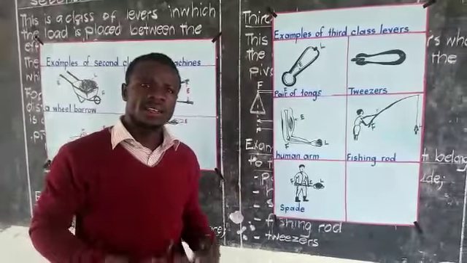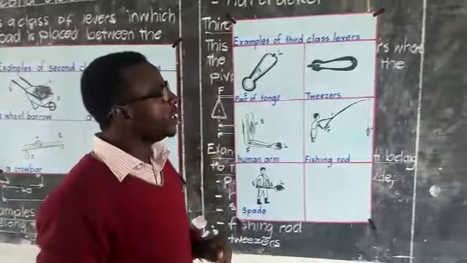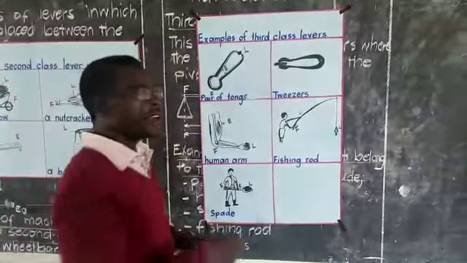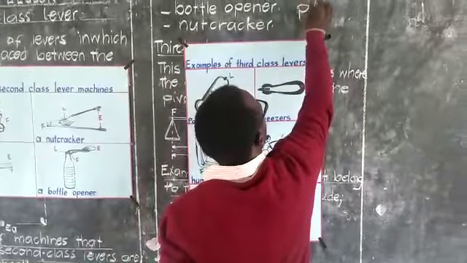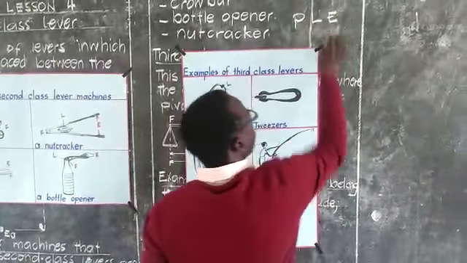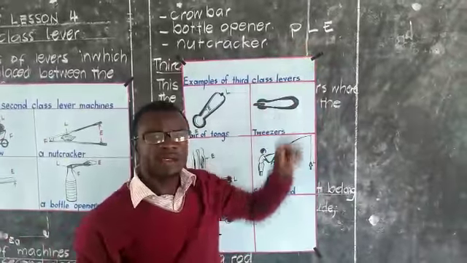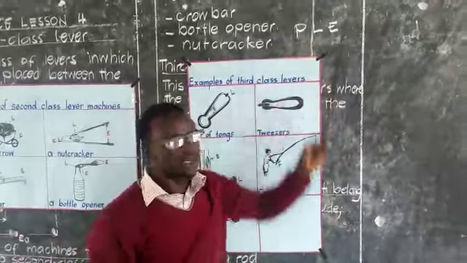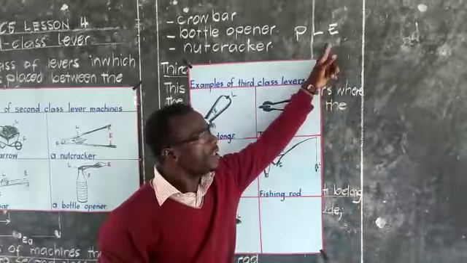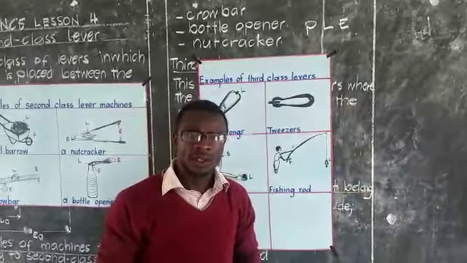We normally use a formula PLE, where P stands for pivot, L stands for load, and E stands for effort.